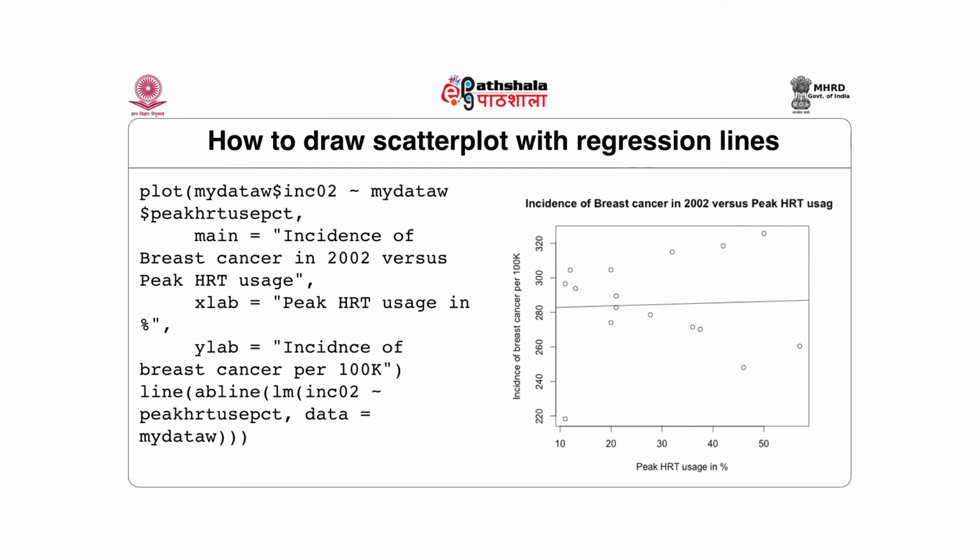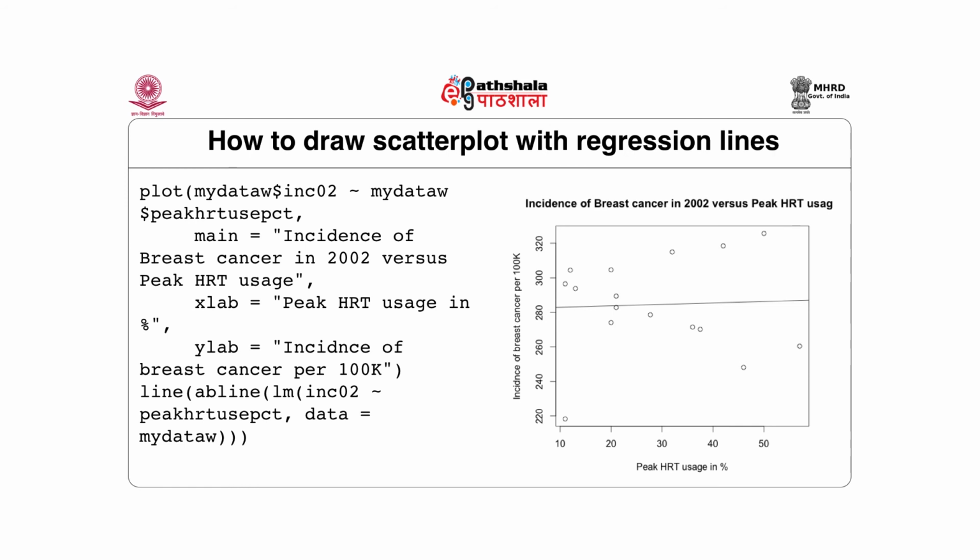But note, in order to do that you will have to tell R that you are going to regress the incidence rates for 2002 on the peak HRT use percentage, and R will automatically construct the best fit line and put it onto the plot. We will later see that you can change the colors of this line as well.